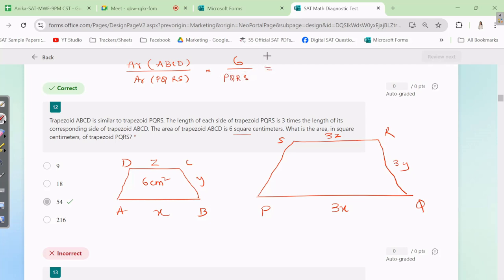This will be equal to... squares. I can't remember what I did. Okay, wait. Let me show. Let me get back to that.